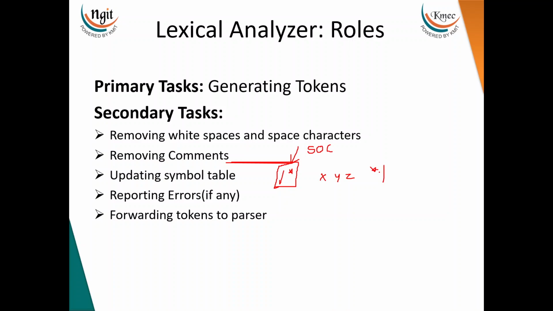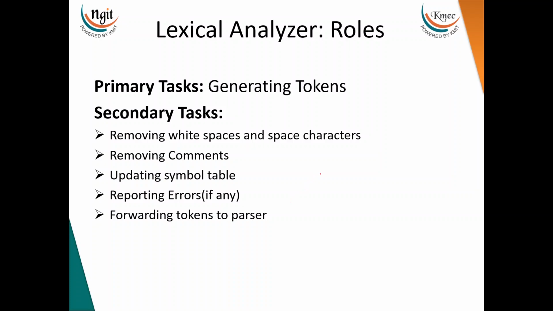Until it encounters star slash, everything is treated as comment characters, and whenever it detects star slash, it creates a hidden token for the end of the comment. Whatever is written between the start of comment and end of comment will be removed by the lexical analyzer. These start and end tokens are not forwarded to the next phase, as they are hidden tokens.